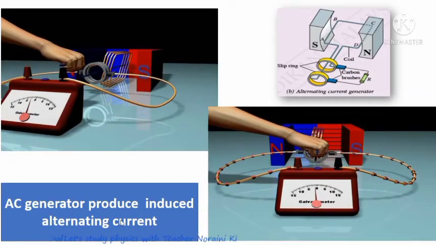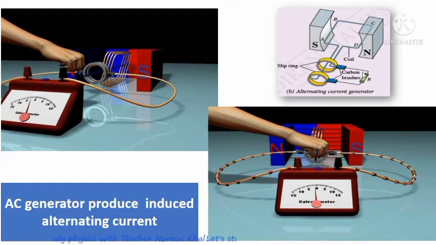This is AC generator. The difference between AC and DC generator is that AC generator uses slip rings. There are 2 rings that can rotate here and are always touching the carbon brush. One side of the coil AB connects to one ring, and the other side CD connects to the next ring.